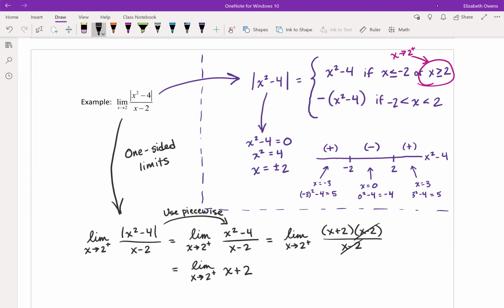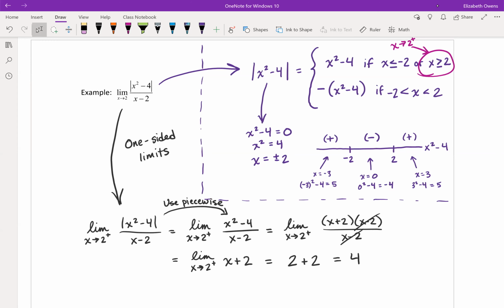So we're just taking the limit as x approaches 2 from the right of x plus 2. There's no problem with plugging in now. You're going to use x equals 2 to plug in, even though it's coming from the right. Remember that you plug in the value that's being approached when you're doing direct substitution. So we just get to say 2 plus 2, so that's going to equal 4. All right, so that is our right hand limit.